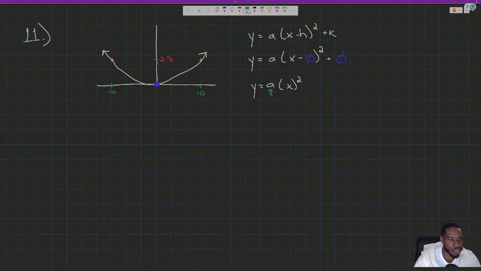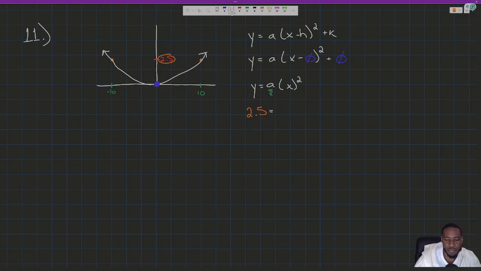So ultimately, the only thing we really need to find is our a value. And the thing that's going to help us do that is the fact that we have numbers we can plug in for the x and the y, right? They tell us both of those numbers, and they give us two choices, either 10, 2.5 or negative 10, 2.5. So let's use the positives just to keep things easiest. Instead of y, we're going to write 2.5.